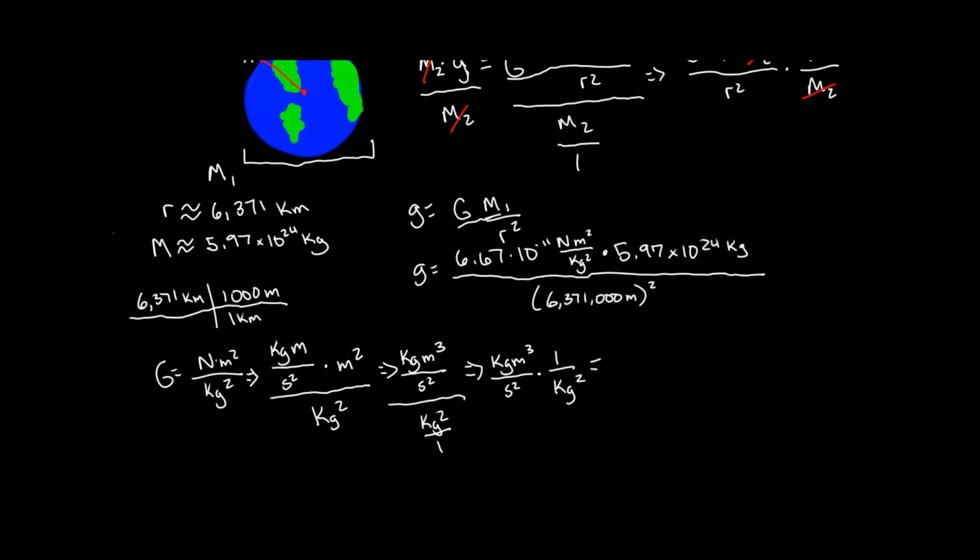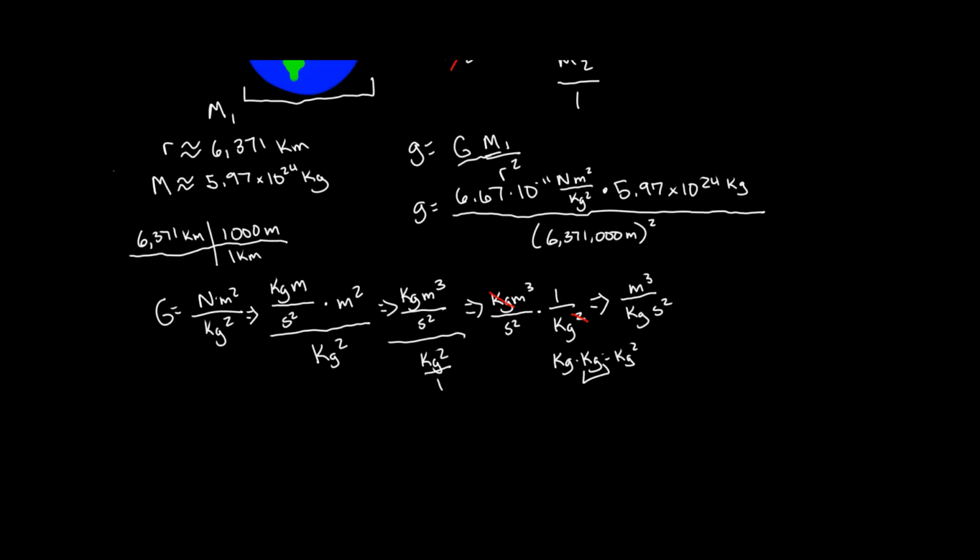And so we see that our kilogram up here is going to cancel out one of the kilograms down here, because a kilogram times a kilogram is a kilogram squared. If we're dividing a kilogram by a kilogram squared, we remove one and just get a kilogram by itself. So now our new unit is going to be cubic meters over kilograms seconds squared.